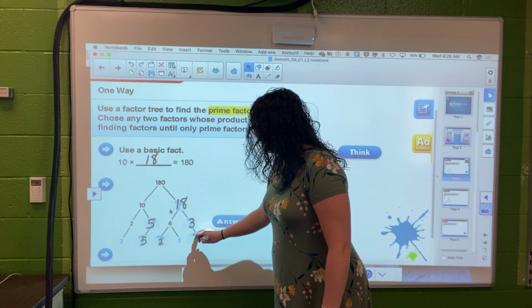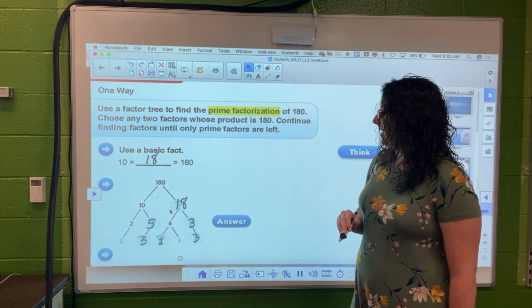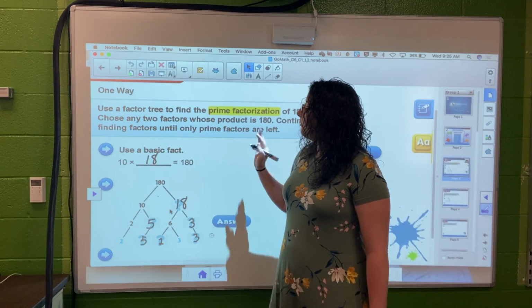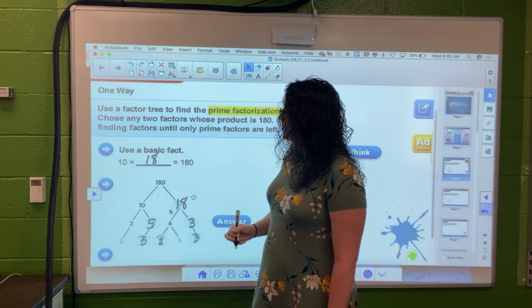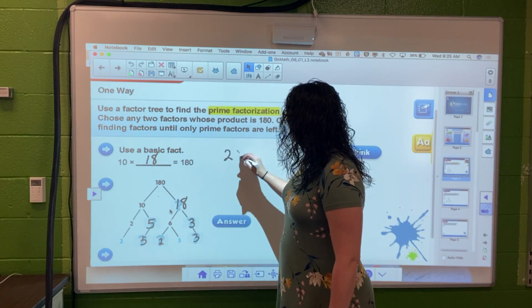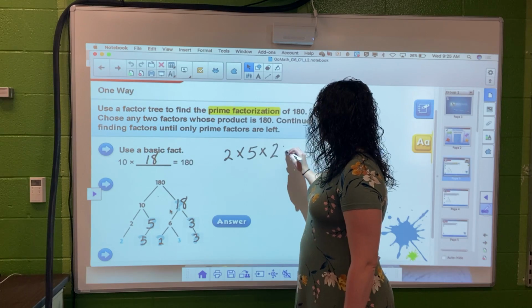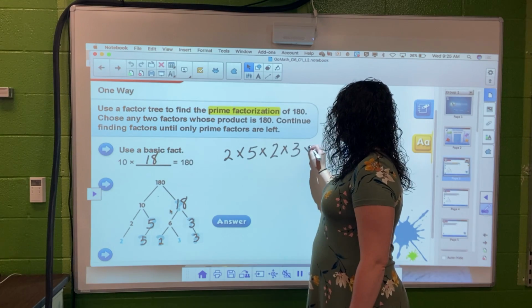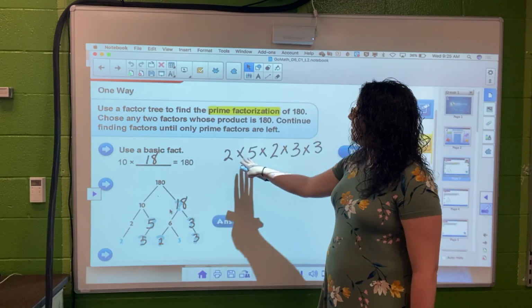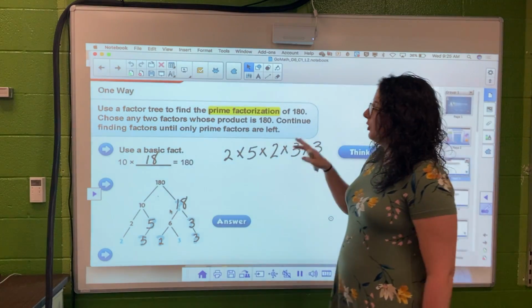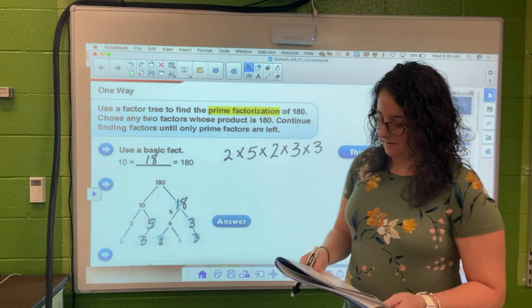And then 3 is a prime number already. So the prime factorization for 180 is 2 times 5 times 2 times 3 times 3. If you multiplied all these numbers together, you will get 180.